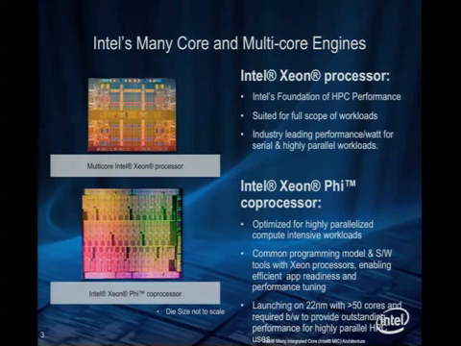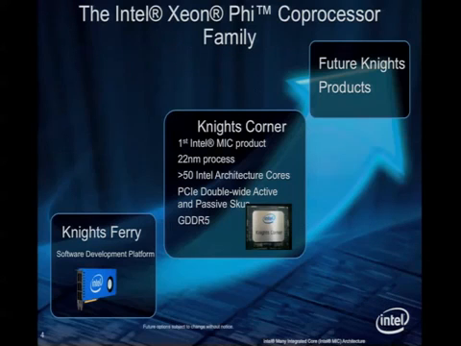And again, 22 nanometer is the same process that Ivy Bridge is coming out on, and Knights Corner is coming out on that process as well, with greater than 50 cores. Again, we haven't said exactly what our product SKUs will have or how many SKUs there will be.